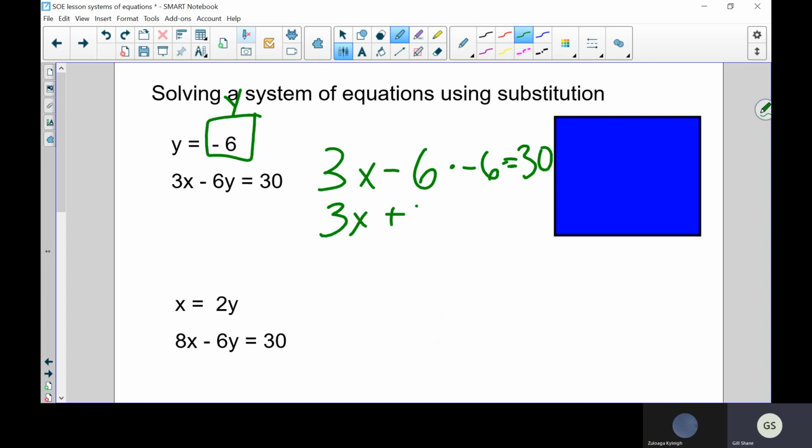3x plus 36. Make sure you get your positive and negative rules down when you're adding, subtracting, multiplying, and dividing. There are some two-step equations on there, by the way, three of them, so I'm going to do this as an example of a two-step equation.